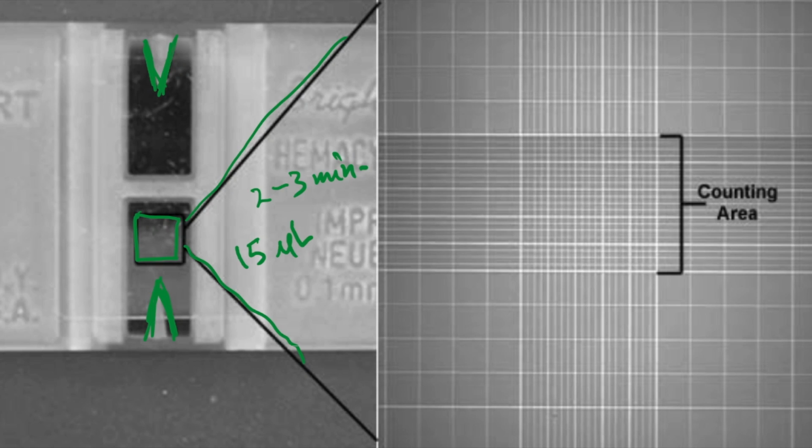You would prevent any sudden movements when handling this hemocytometer. And if you leave it for too long, the sample might dry out. So you don't want to leave it out too long, and you don't want to do it too quickly. About 2 to 3 minutes is the recommended time to allow the sample to settle down.